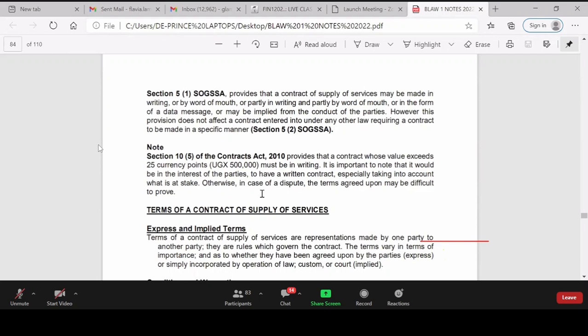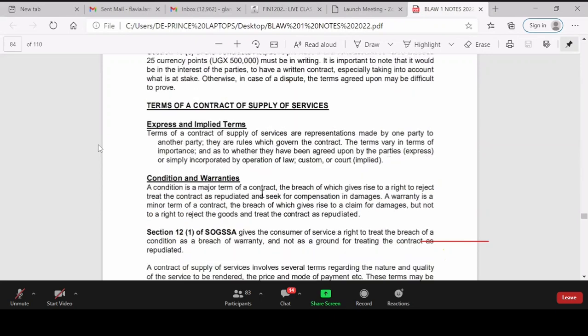They are the same. The terms of the contract, same things again. The terms, we say that the things you talk about, the things you agree upon, which become your obligations. The terms can be express, the terms can be implied. The terms can be conditions, the terms can be warranties. They can be major, they can be minor. So when you're discussing, then you also express yourself on those.